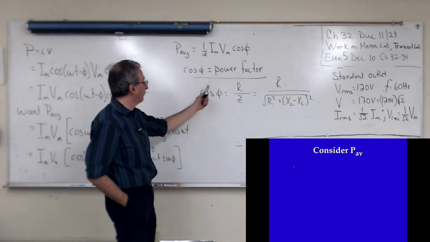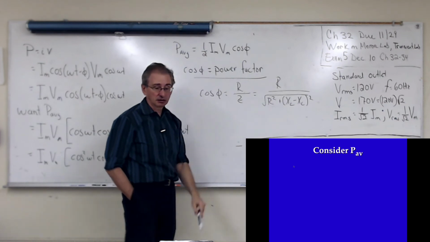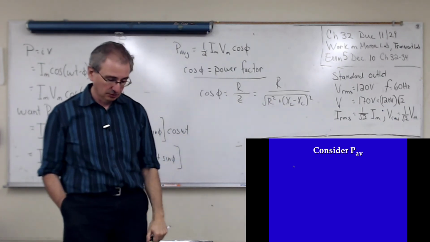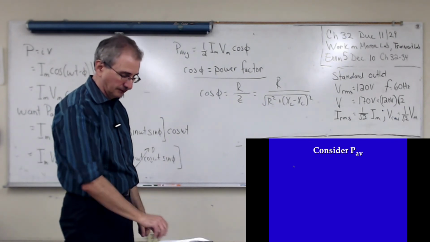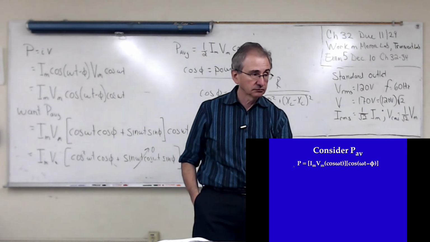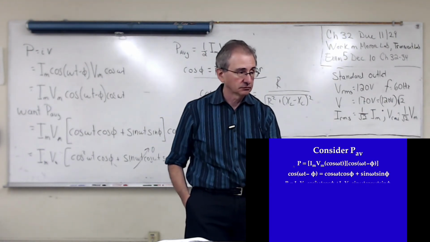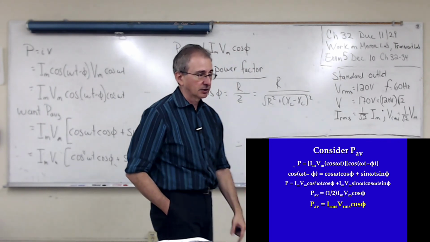So when you're in phase, when you're at resonance, this thing is 1. Okay? That's what P average is.